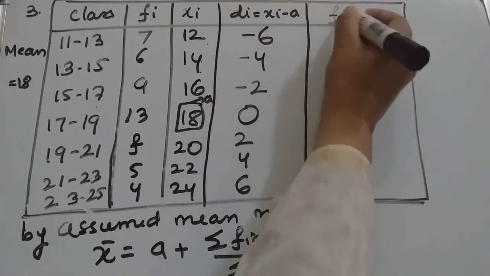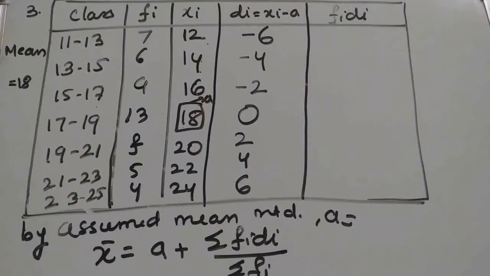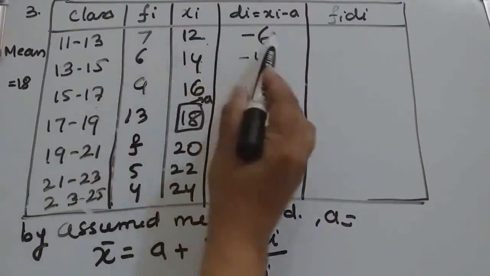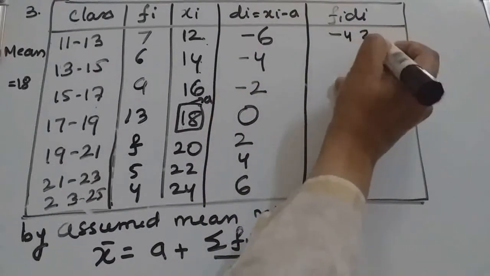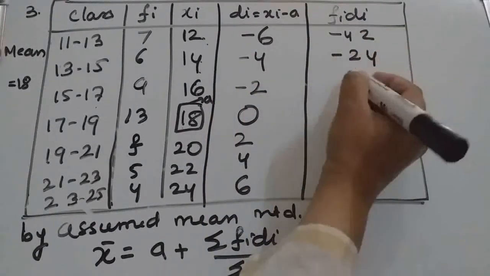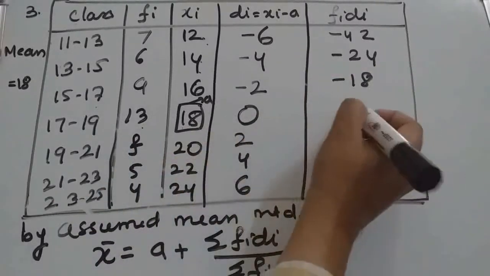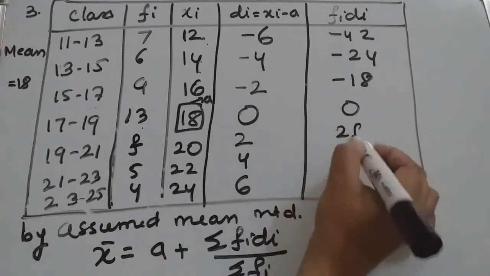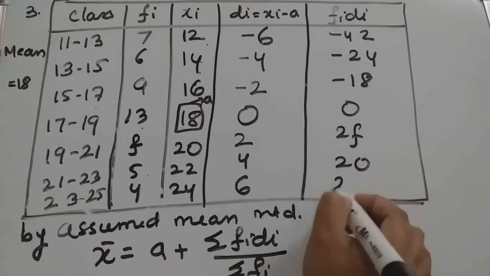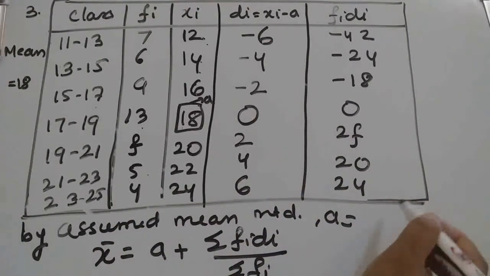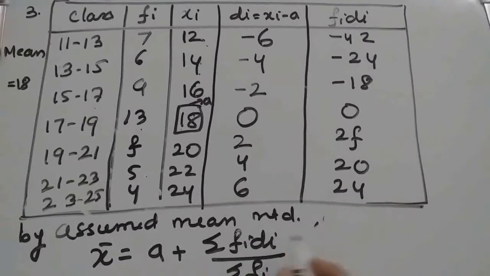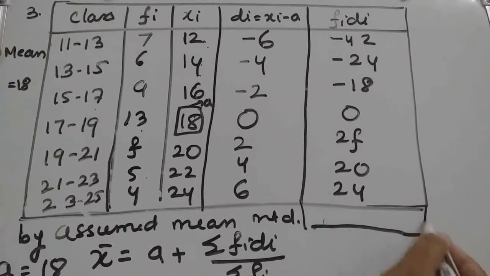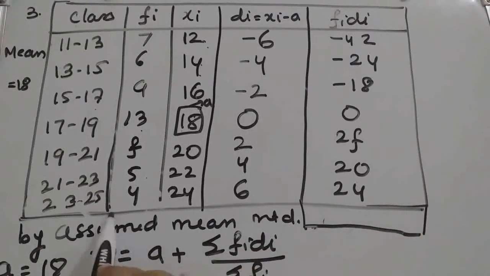Now we will find Fi di. You should multiply these two columns. So minus 42 will come, minus 24, 13 into 0 is 0, 2 into F is 2F, 20 and 24. Okay, and here you should add a total row, and also sigma Fi, because this Fi is also not given.